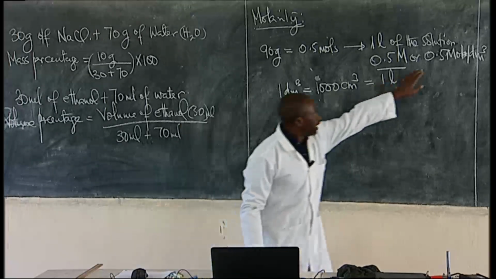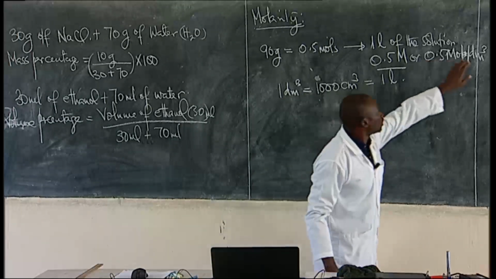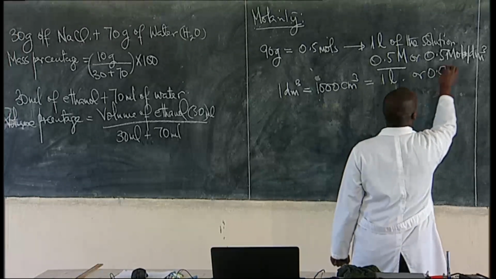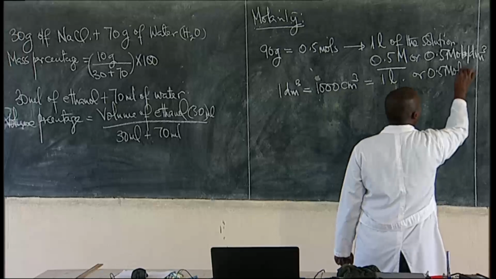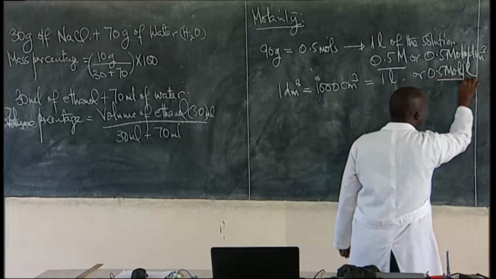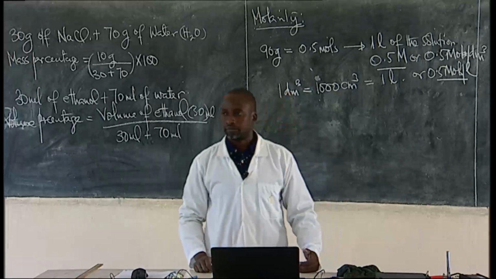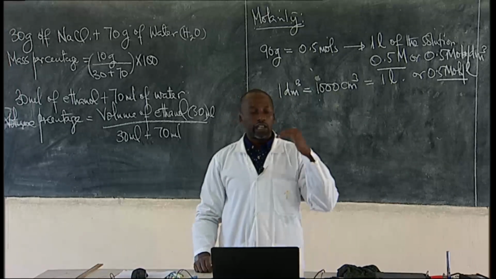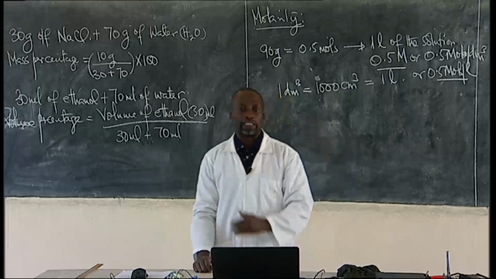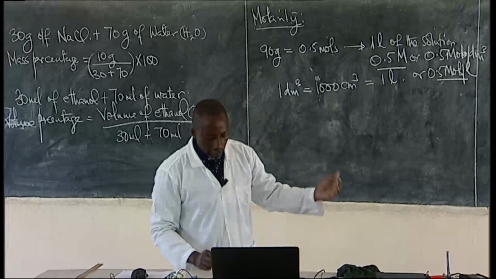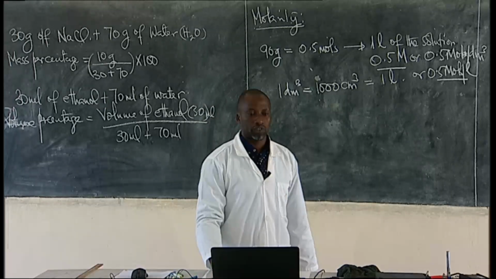So when we express this as moles per decimeter cubed, or we can say 0.5 moles per liter, that gives us the molarity: the number of moles dissolved in 1 liter of the solution.